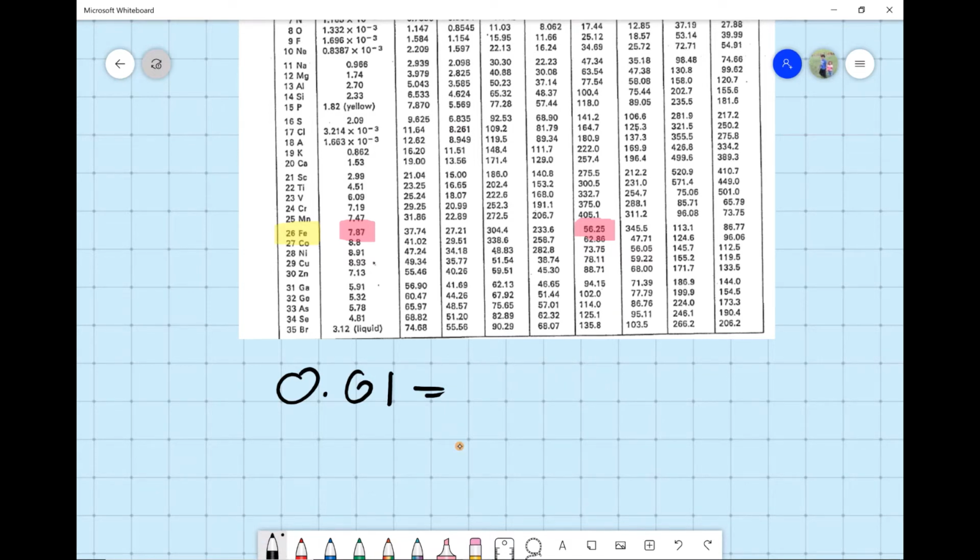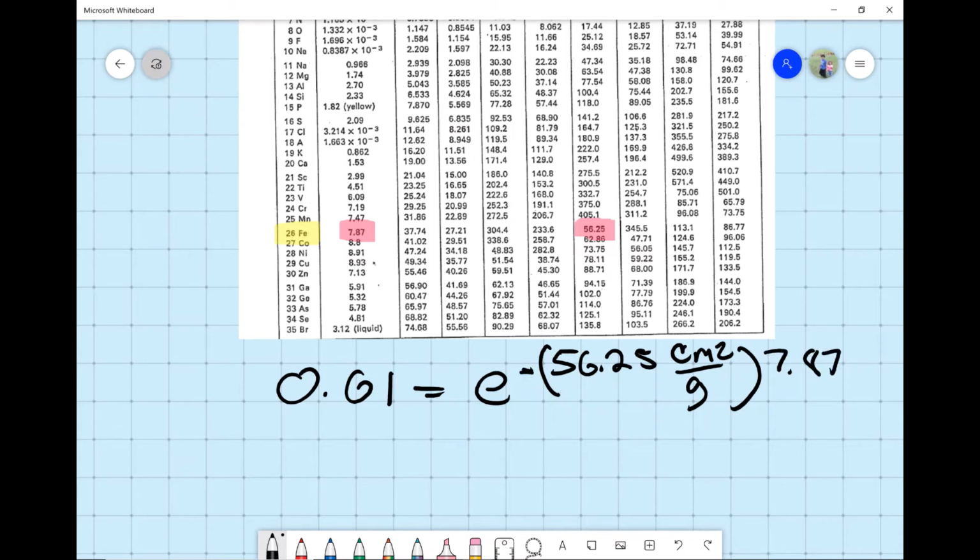So e to the negative 56.25. This is centimeters squared per gram. Always remember the units. The density is 7.87 grams per centimeters cubed.